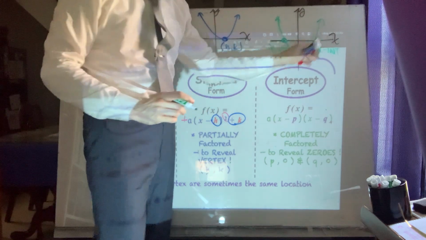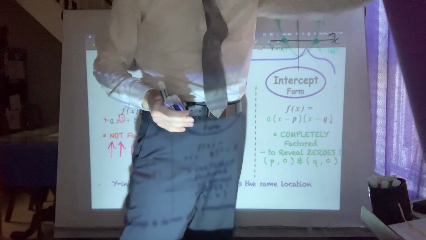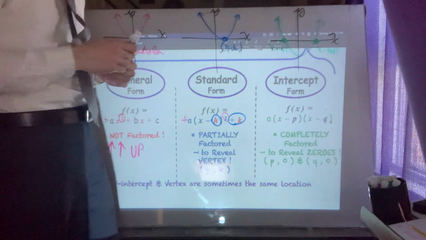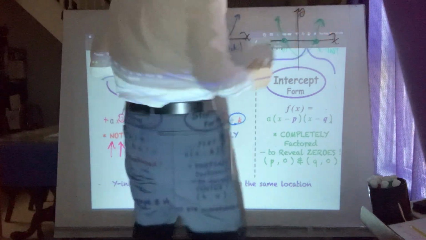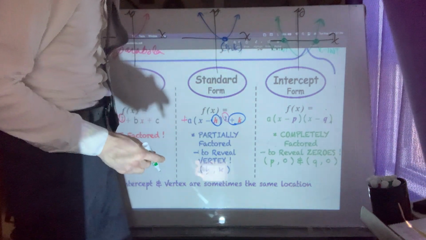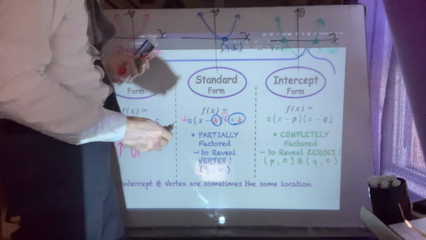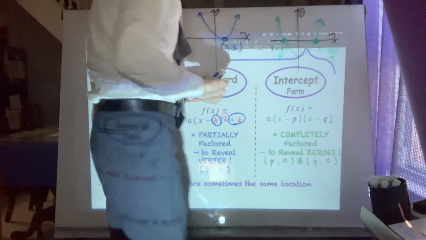So that's where the parabola cuts through. Let's see if that's a little bit better to view. And one of these is the p-value, and one of these is the q-value. All right. P and a q, all right?